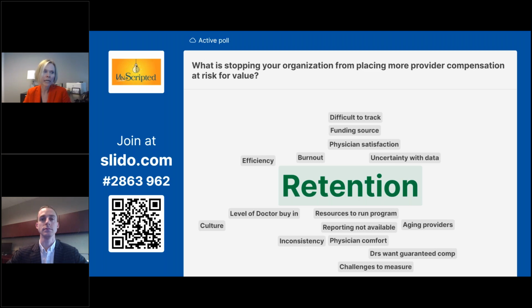It would be interesting. We can't today, but it would be really interesting to see how the answers to this question broke down between hospital employed or hospital health system participants and private practice folks, because I know that in many primary care practices across the country where they have entered value-based arrangements with their payers, it's been lucrative for those practices.